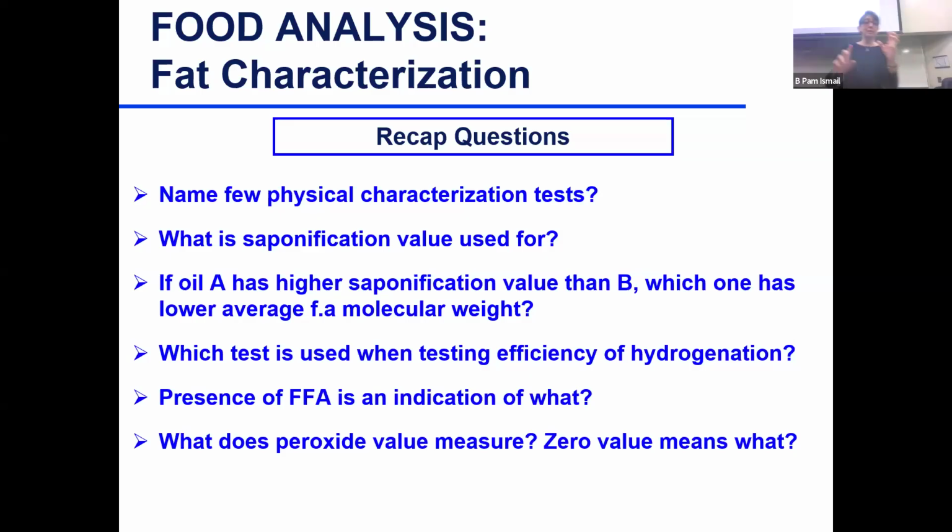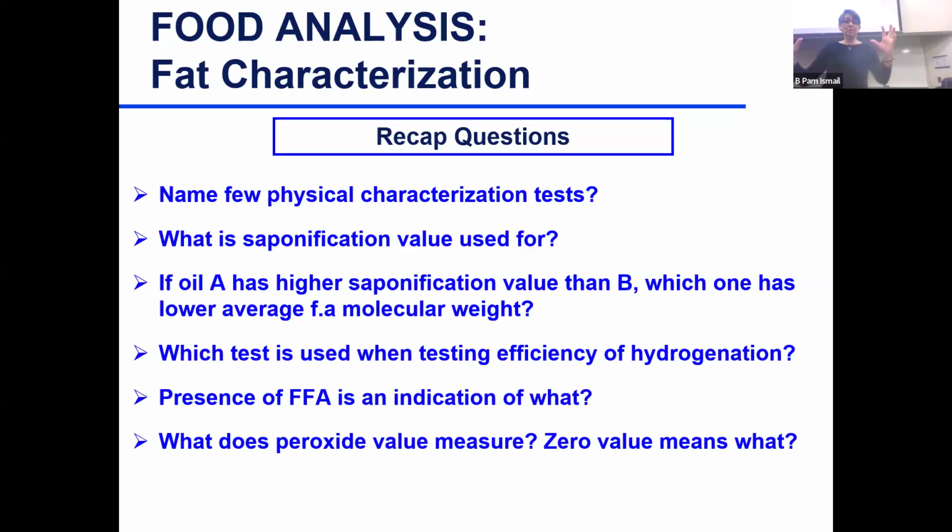Think about it: the larger the molecular weight, the fewer moles you have per 1 gram, because there is a relationship between the molecular weight and the number of moles.